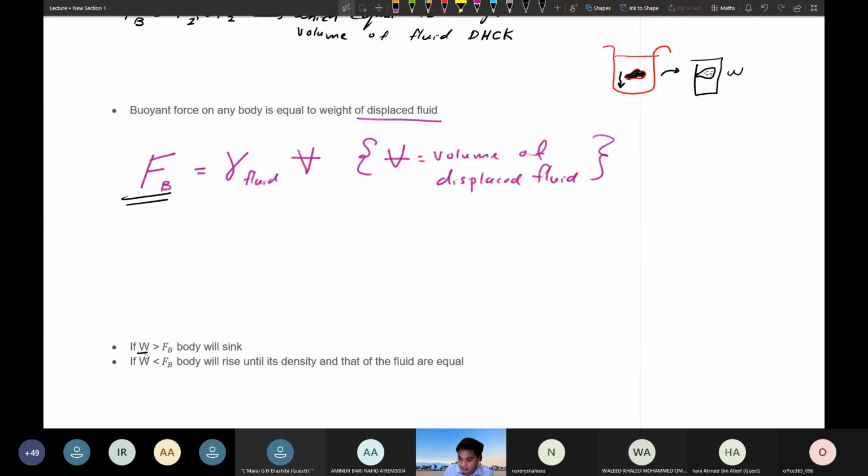I think this is common sense. What if the weight of the object is less than the buoyancy force, the weight of the water?